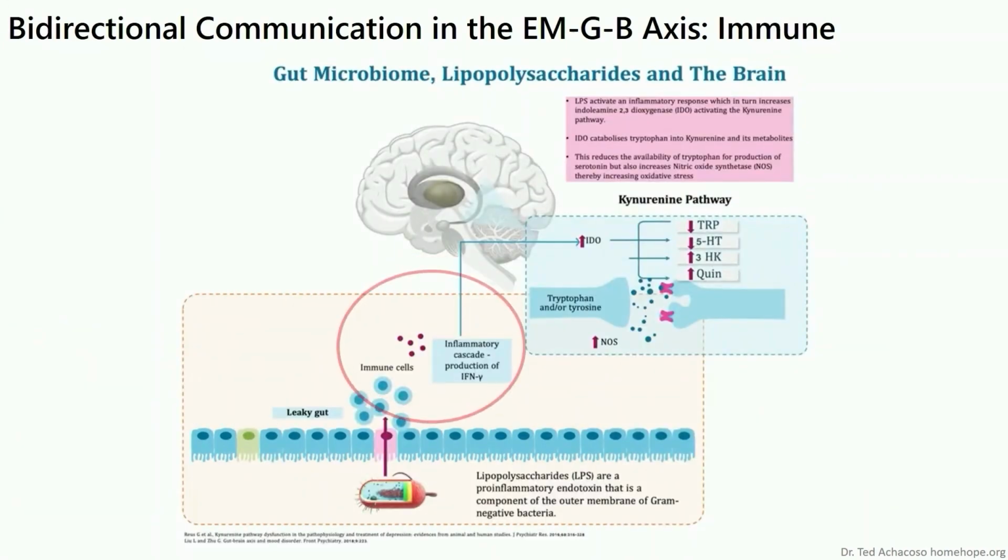The third is bidirectional communication using the immune system. Of course, here the immune cells, right? They produce the inflammatory cytokines and they affect the brain. If they are inflammatory cytokines, of course, then you will begin to have something like neuroinflammation, right? It says here that the LPS activates an inflammatory response. You all are familiar with LPS.